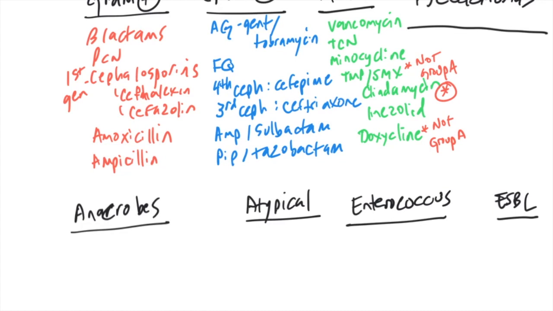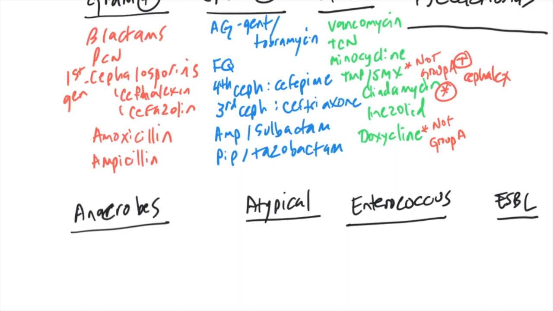Clindamycin does cover group A strep and MRSA, or you could always add cephalexin to the Bactrim because that also covers group A strep. So I want you to keep that in mind, that Bactrim and doxycycline do not cover group A strep. Clindamycin does, and if you add cephalexin, that would also work as well.